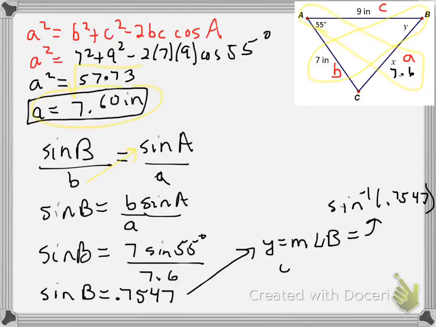So I'm going to get y equals arc sine, second negative, which is the answer, and it's actually 48.997, so I'm just going to say 49.0 degrees.